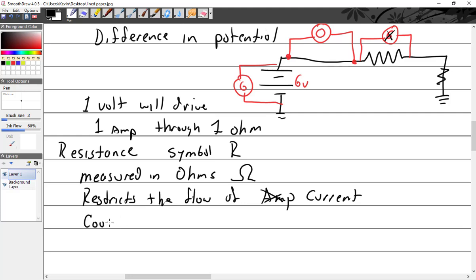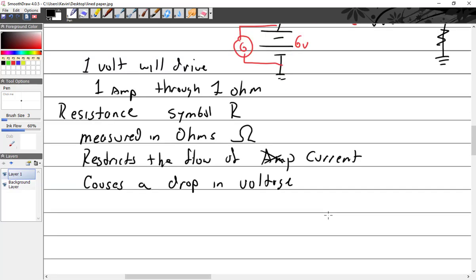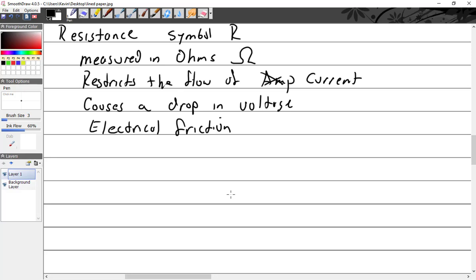Resistance causes a drop in voltage. It could be thought of as electrical friction.